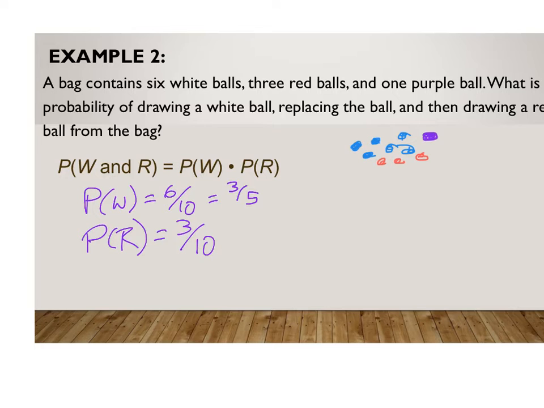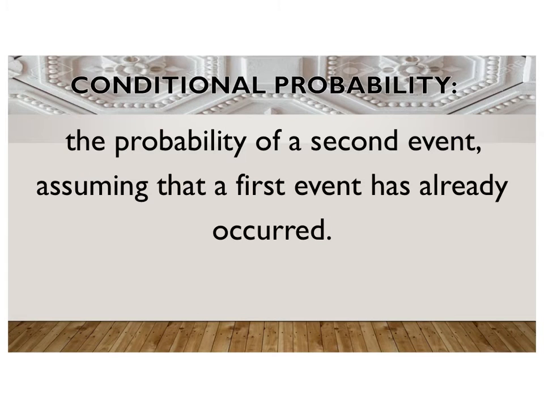All right, so now I have to multiply these two together. 3/5 times 3/10 is going to give me 9/50. Okay, that's a fun one right there. 9/50. That would be my probability of the independent event.